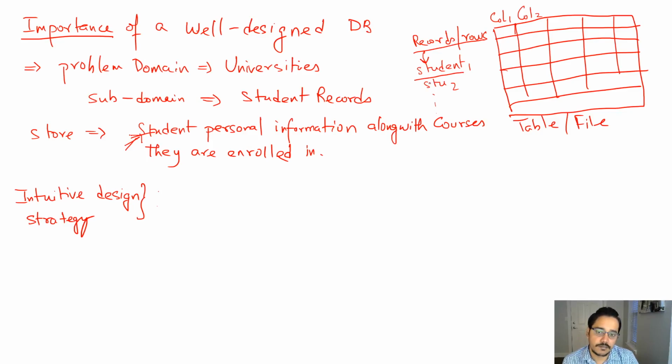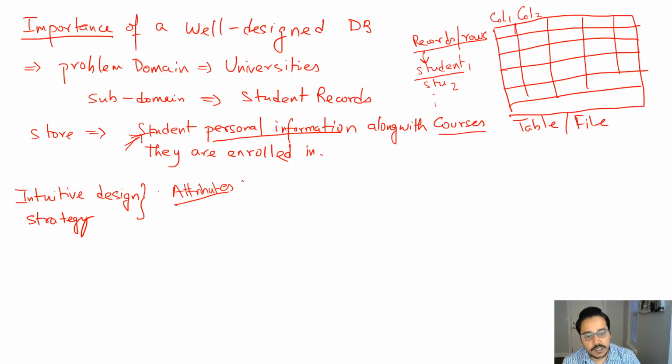The question we are asking ourselves is, what are the attributes which define the student that we are trying to store? The goal of our storage is the personal information along with the courses that they are enrolled in.